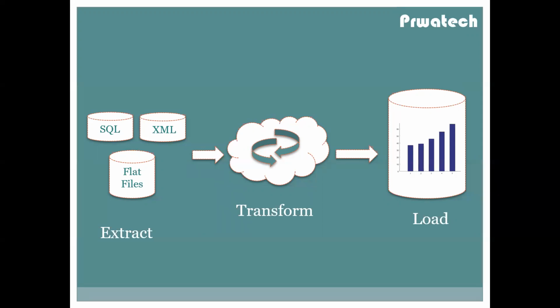It can be a data warehouse, data hub, or data lake, wherever you are loading the data. Otherwise, what is the use? You're just extracting and loading the data. What are you going to present then?